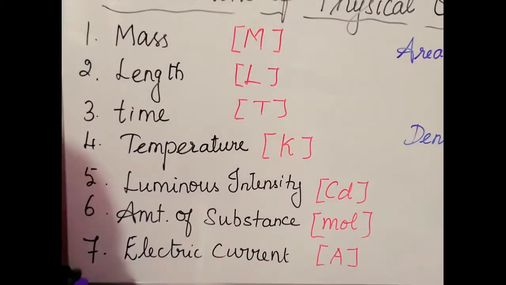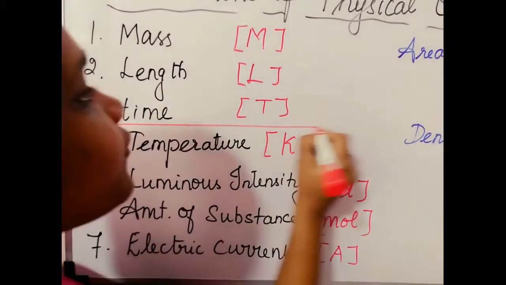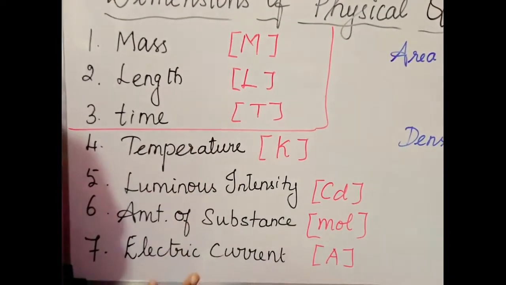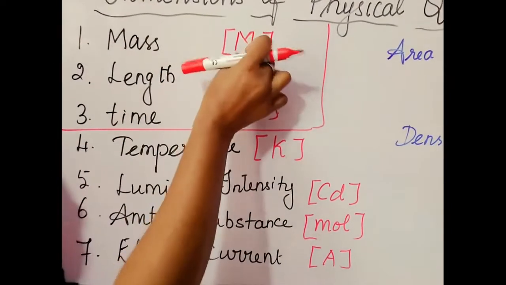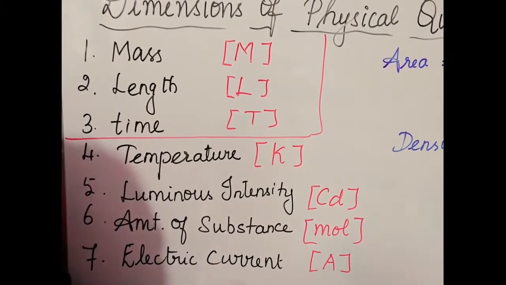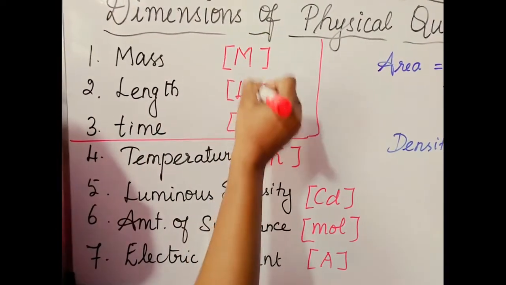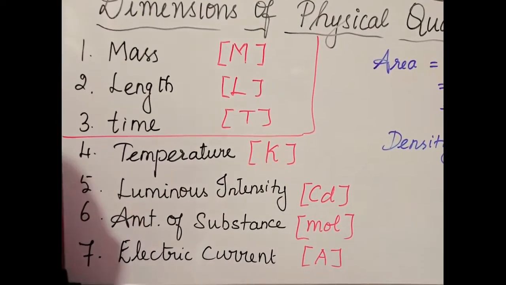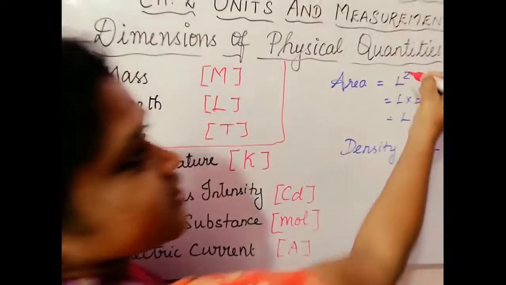Using this, most physical quantities will be expressed in terms of MLT, the MLT formula or dimensional formula. Then the powers of MLT will be the dimensions of that physical quantity. So what are dimensions?